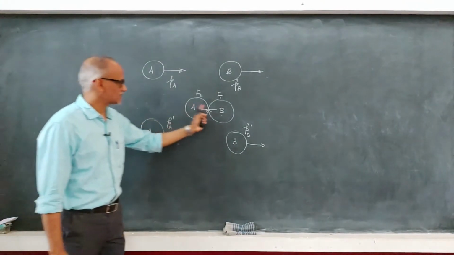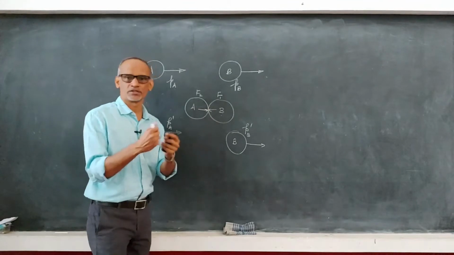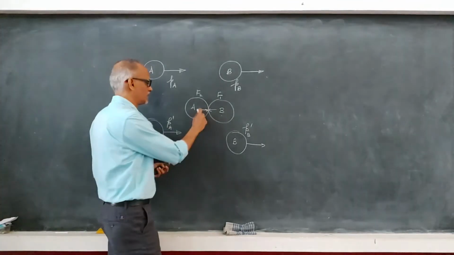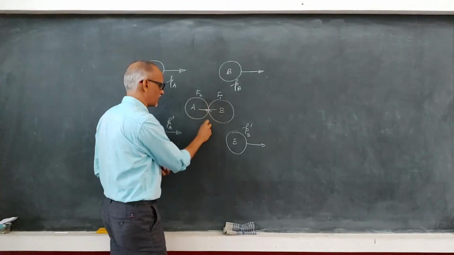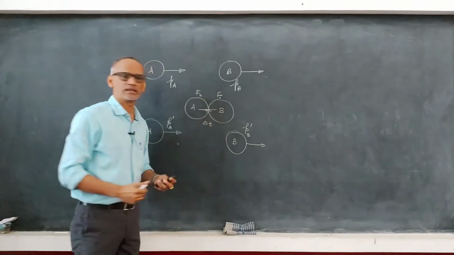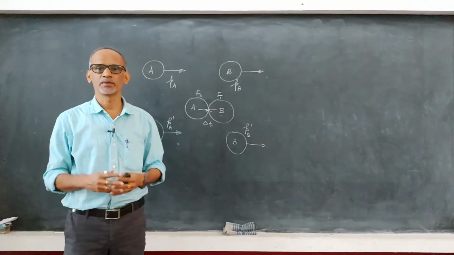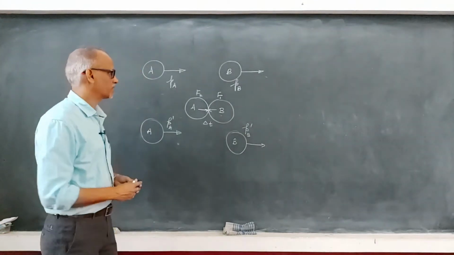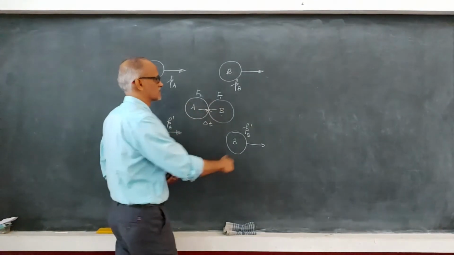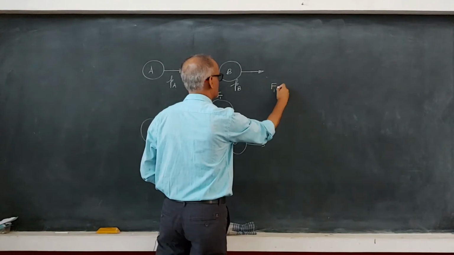During this collision, let us assume that they are in contact for a duration of delta t. So delta t is the time of impact or time of collision. We can always find the force. What is the first force?